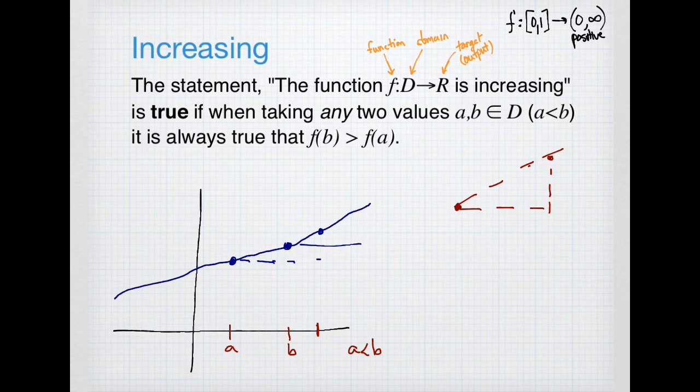The definition of increasing says f of b has to be greater than f of a, and so f of b minus f of a, so this is at a, and here we are at b. This is positive, and dividing by b minus a, that's also positive because b is to the right. This value, which is the slope, has to be a positive value. And so the idea of increasing is going to be critically connected to the idea of positive slope.